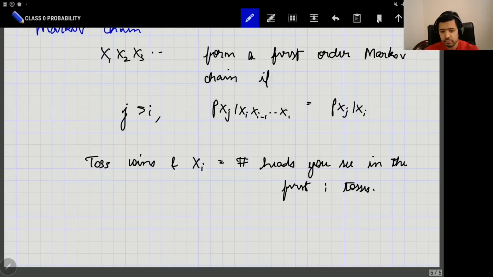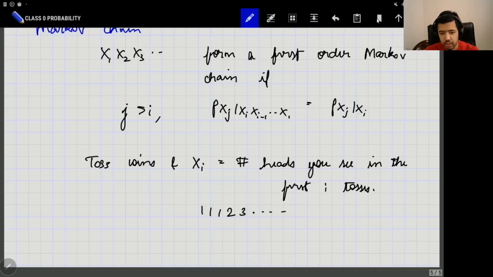So initially you toss a coin, maybe you get a head, so x1 is 1. Then you toss it again, maybe you get a tail, so it's still 1. You toss it again, maybe you get a tail, it's still 1. You toss again, maybe you get a head, it becomes 2, and then you toss it again, maybe another head, and so on.